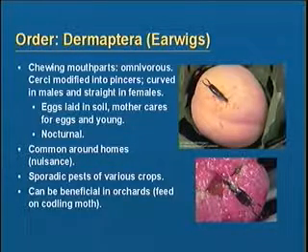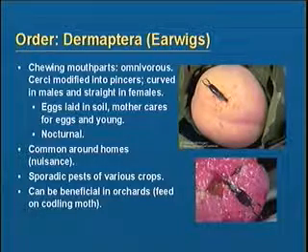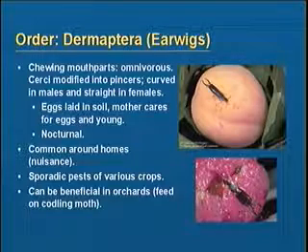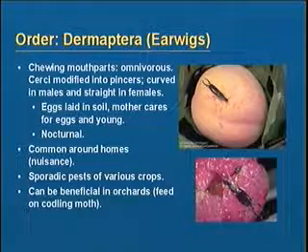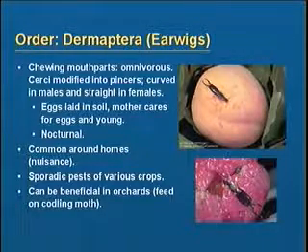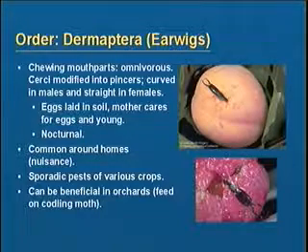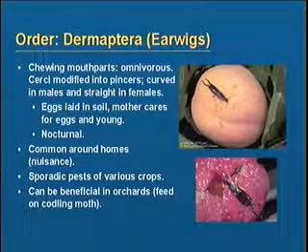The curved are males, the straight are females. The eggs of earwigs are laid in the soil, and there's a lot of maternal care involved in rearing young, and they're generally nocturnal pests. So if you want to go out and trap earwigs, you should think about doing that at night when they're active. They're nuisance pests and can be beneficial again.